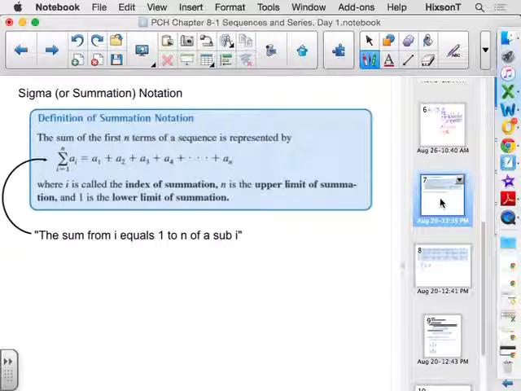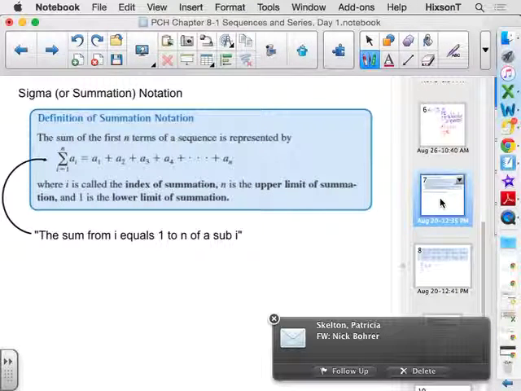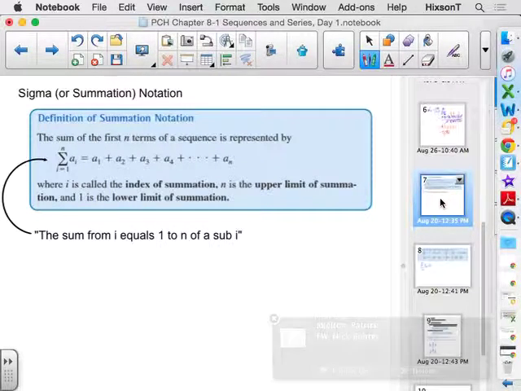Now, that I is what's known as the index. The bottom number that we're starting with is called the lower limit of summation. Where you stop, the n, is the upper limit. Okay, so you're going from the lower limit to the upper limit.